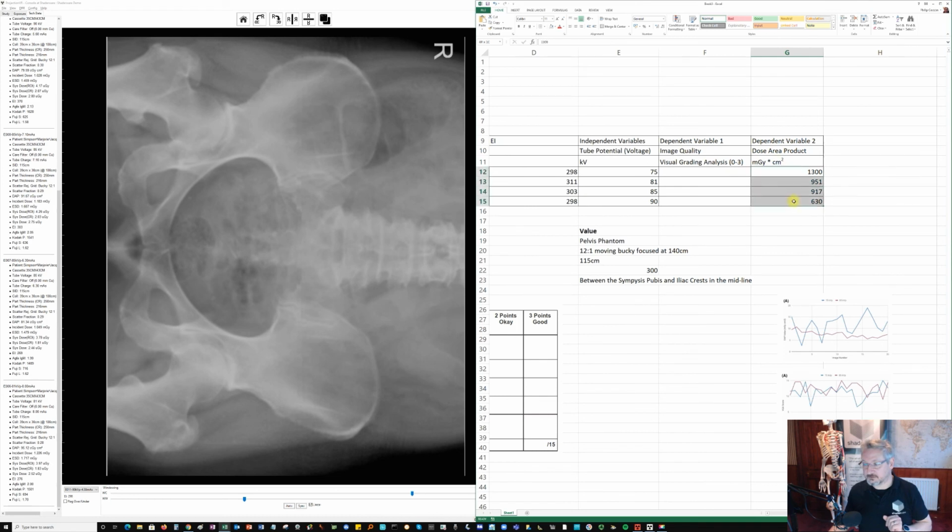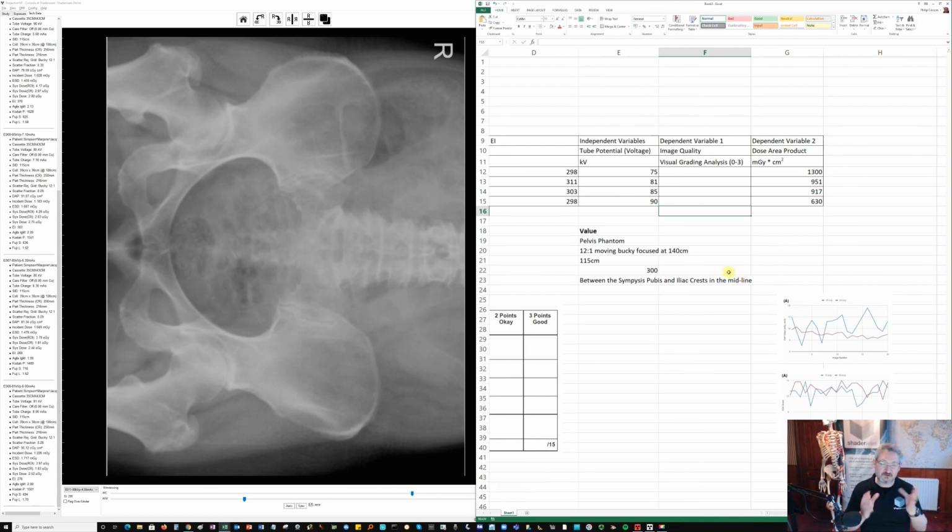We can do a graph which will be analogous to these graphs here, and show the drop-off of dose area product with tube voltage. As long as the visual grading analysis comes out as equal quality, then what we've demonstrated is that by increasing our tube voltage, we're reducing our dose area product. That's a really nice learning moment for our students.